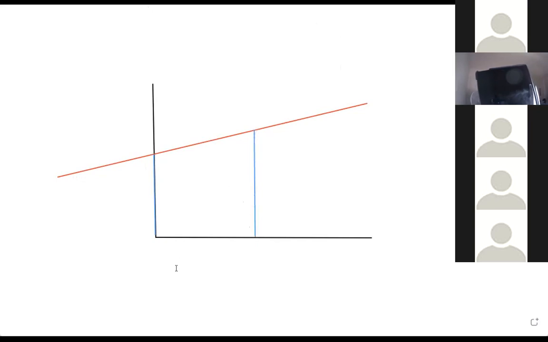And so this is X equals 0, and this is X equals 3. Those are two different locations in the domain of the function. Oh, and your screen went black. Anyway, you can stop sharing if you want to, Brian.